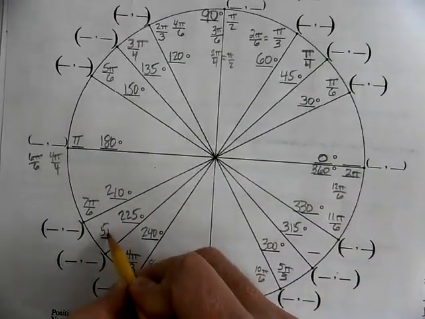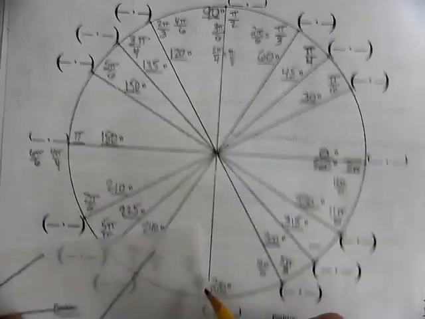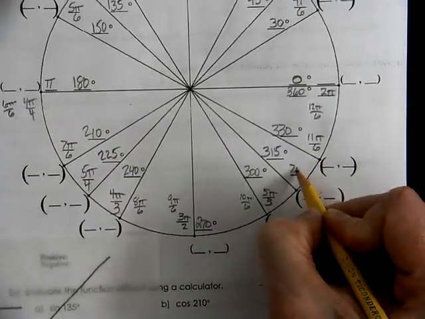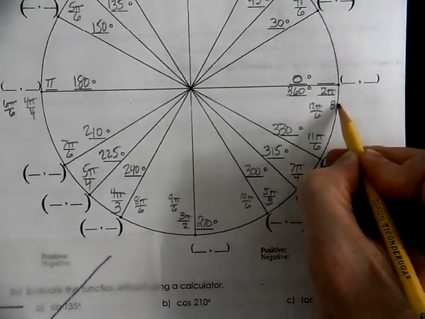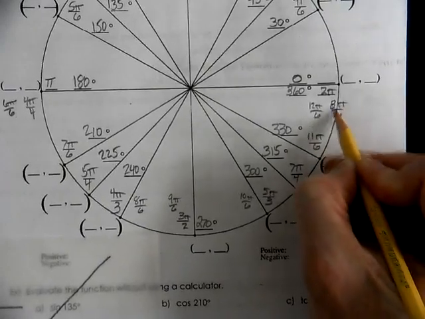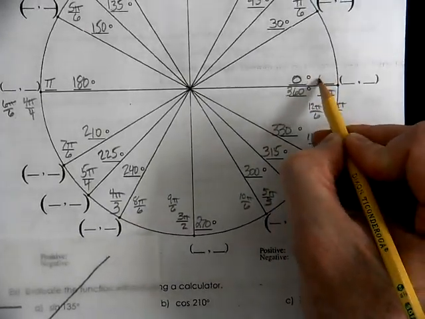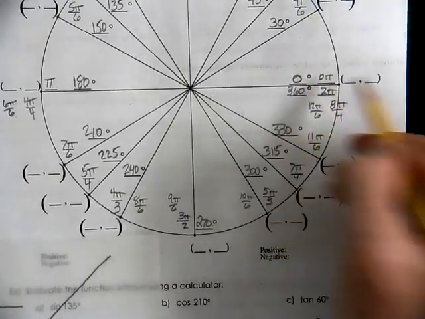This would be 5 pi over 4, 6 pi over 4, 7 pi over 4, and 8 pi over 4, which is reduced to 2 pi. This blank here would be 0 pi, because we haven't done any radians at that line.